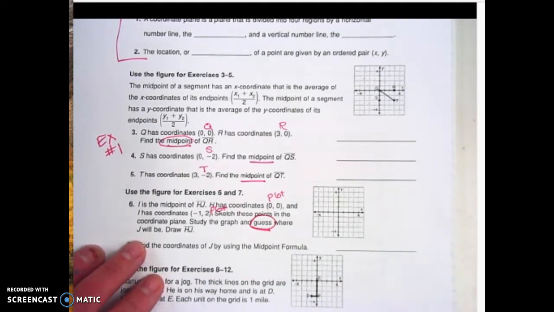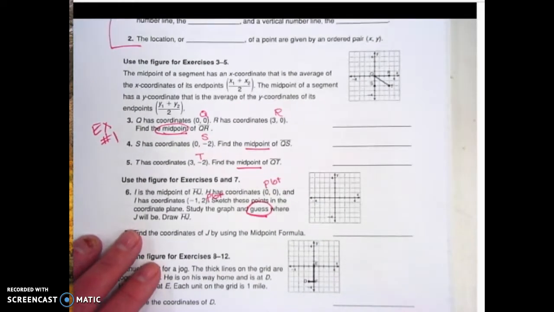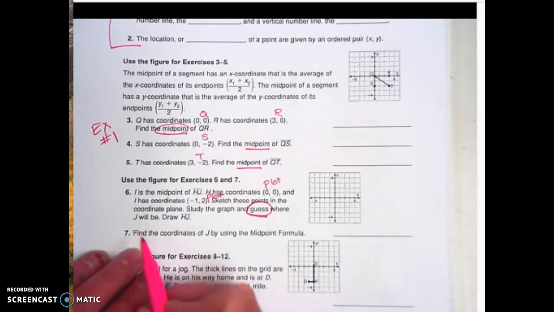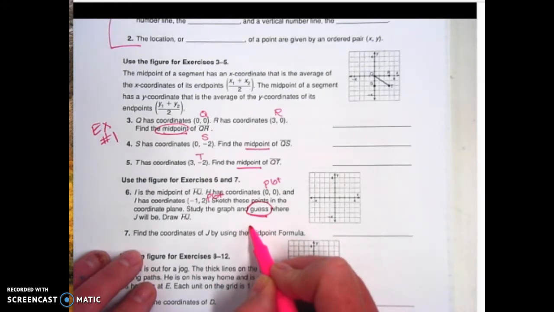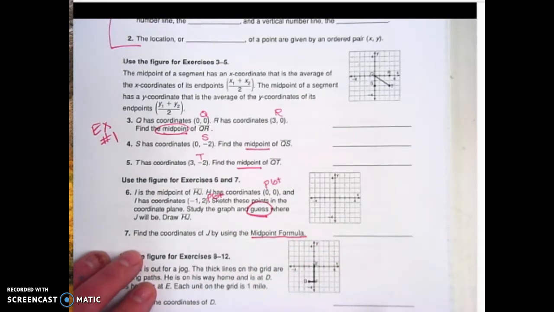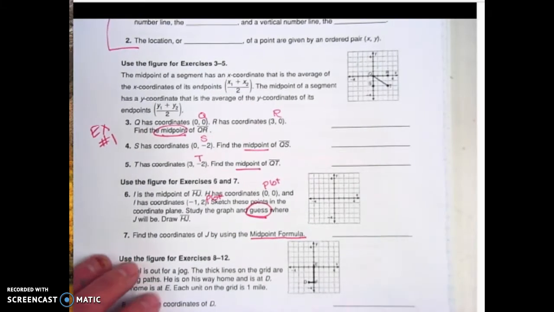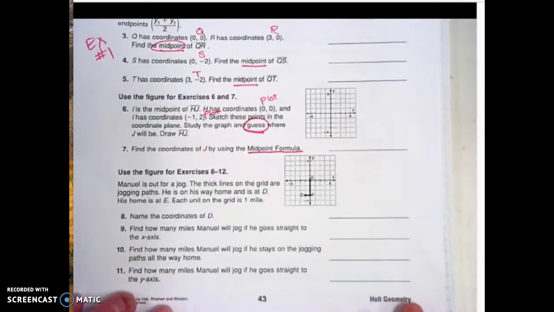Okay. So some of you might have different answers, but hopefully you're a good guesser and you can figure out just by looking at the coordinate plane where the midpoint's going to be. Then find the coordinates of J using the midpoint formula and see if you are correct. Okay? Some of you can figure it out just by looking at it.